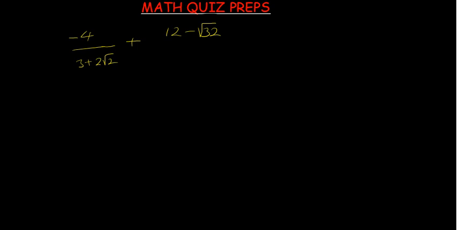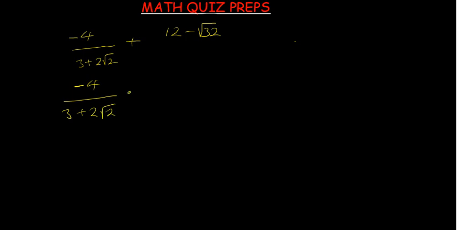Okay. All right. So such a question we've been given. We need first to start with this portion so that we make it in the form a plus b root c. So that portion we don't want to have the root. So let's rationalize the denominator for the first portion. So this will be negative 4 over 3 plus 2 root 2. So we conjugate.